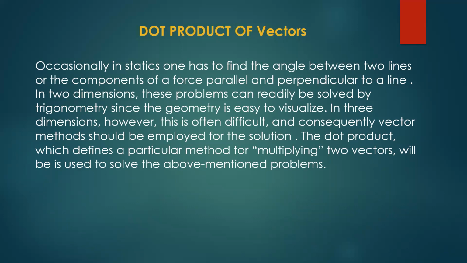In three dimensions, however, this is often difficult, and consequently, vector methods should be employed for the solution. So the dot product, which defines the particular method for multiplying two vectors, will be used to solve the above mentioned problems.